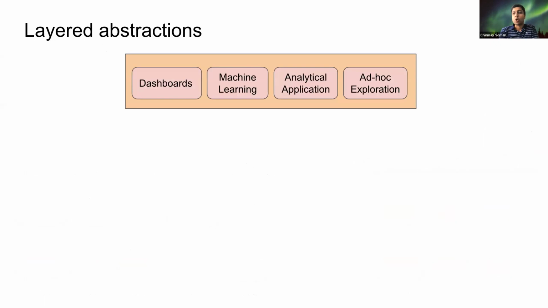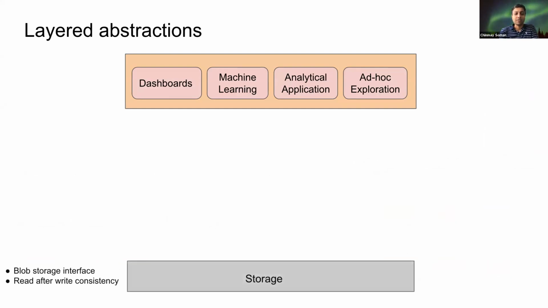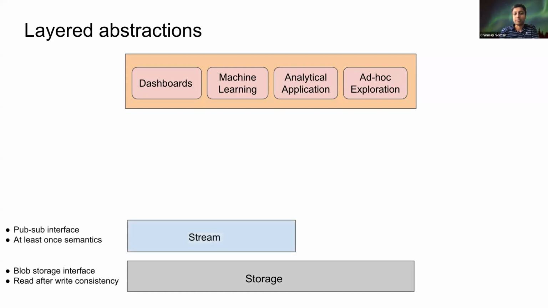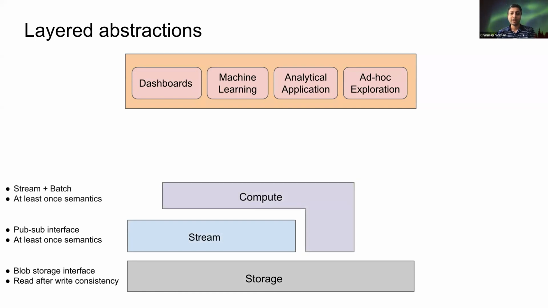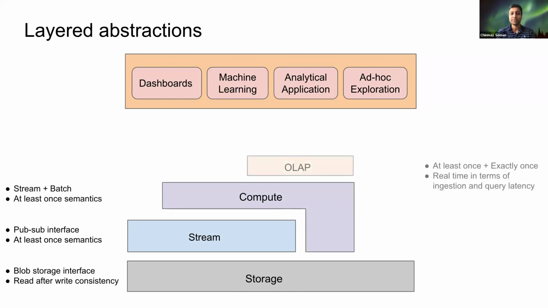In order to accommodate a wide spectrum of these requirements, we came up with a layered model of our platform. At the lowest level of this abstraction is a storage layer, which provides blob storage interface with read after write guarantees. Next is streaming, which provides a pub sub interface with at least once guarantees. We need a compute layer, which can work with both storage and stream, and again provides at least once semantics.